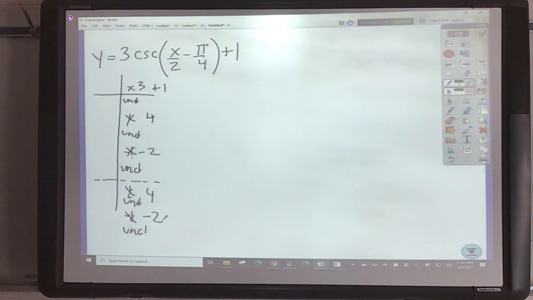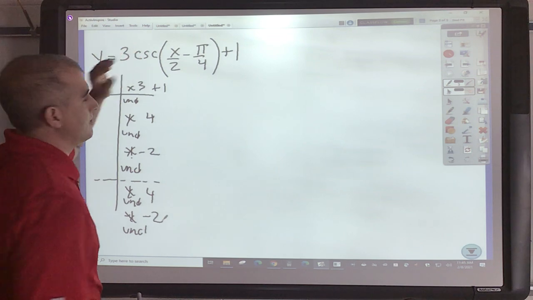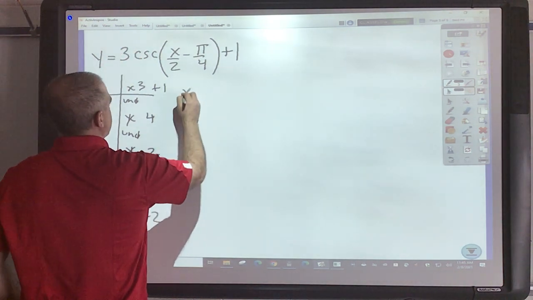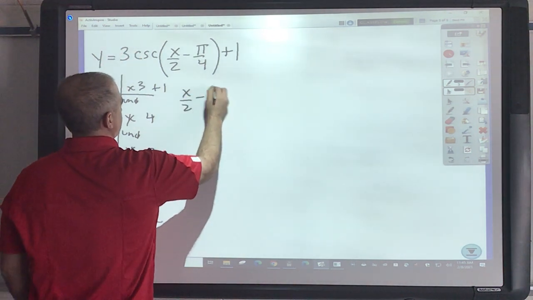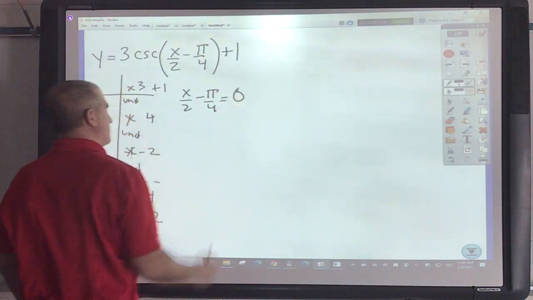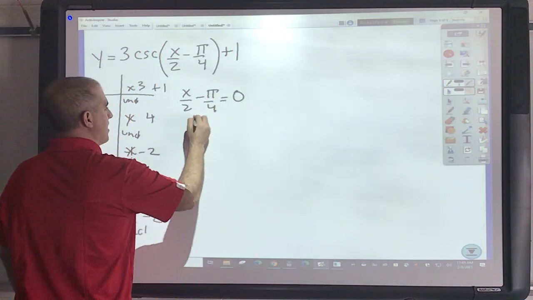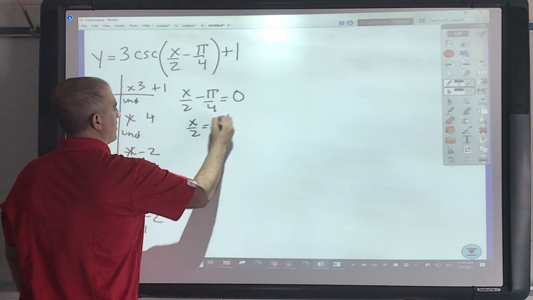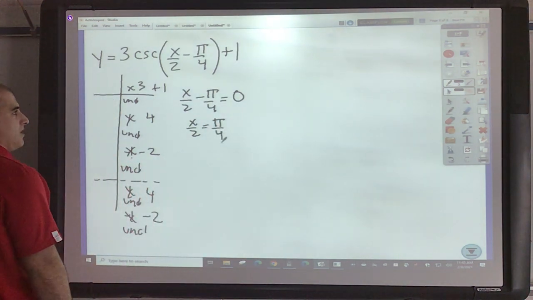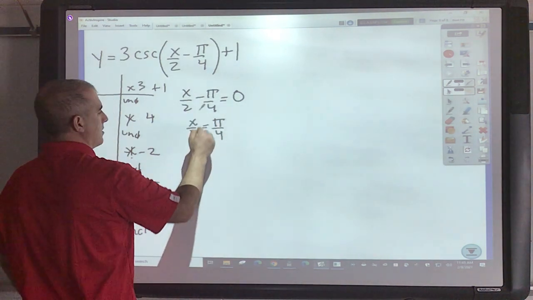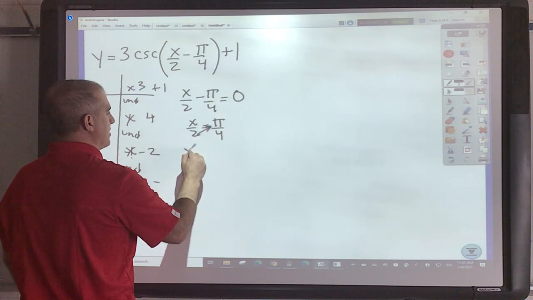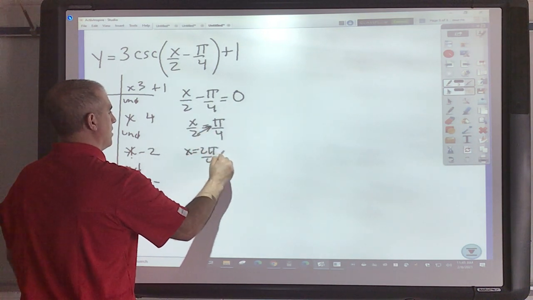Values are good. Okay? Now, since it's cosecant, I want to take this and set it equal to 0. So that would be added over there, which would be pi over 4. Then cross multiply, that's going to be 2 pi over 4 or pi over 2.